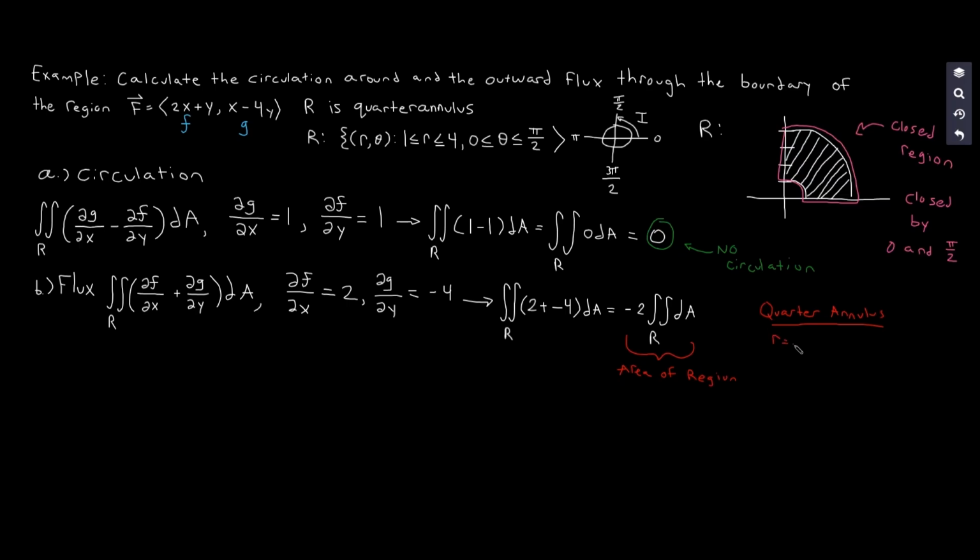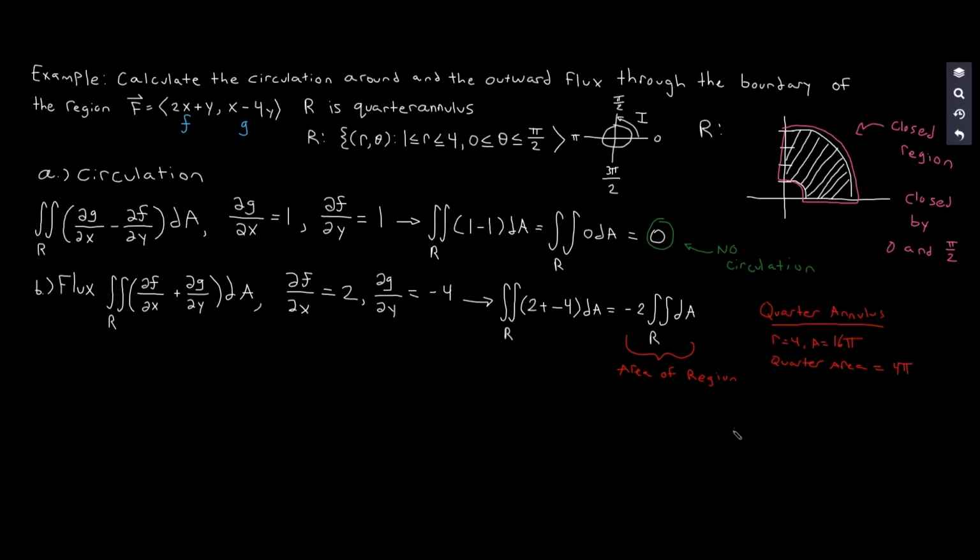Well, the radius is 4, okay, and the area is 16 pi, and the quarter area is what? 4 pi, right?